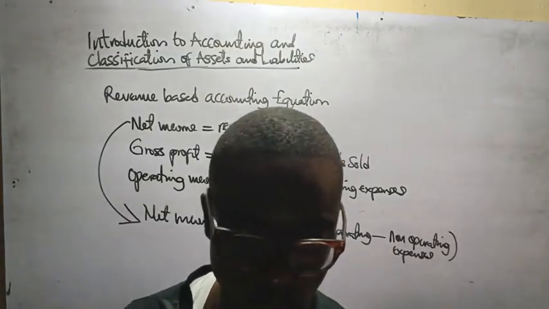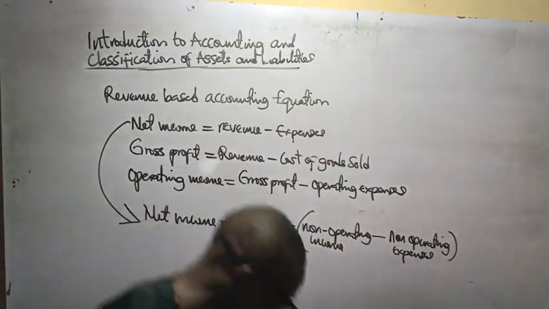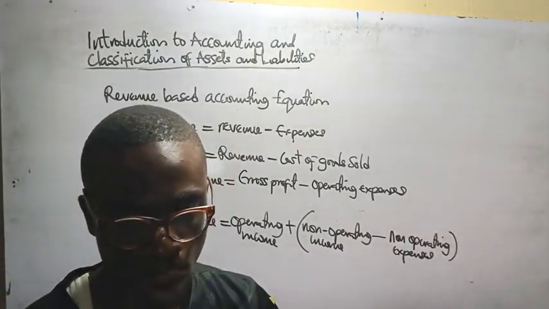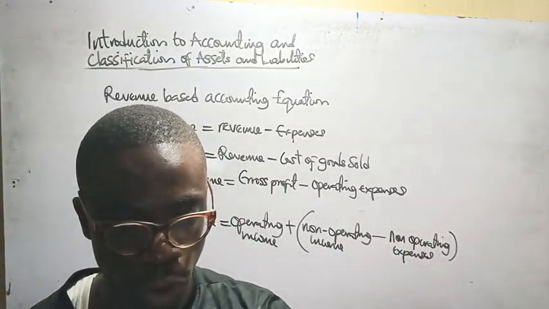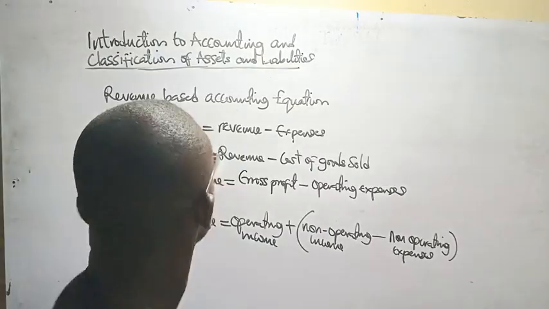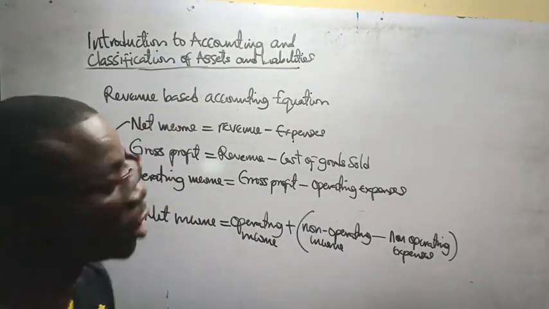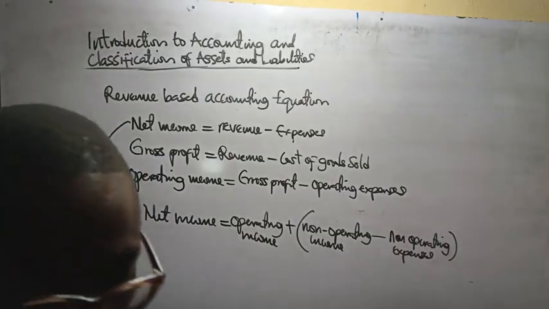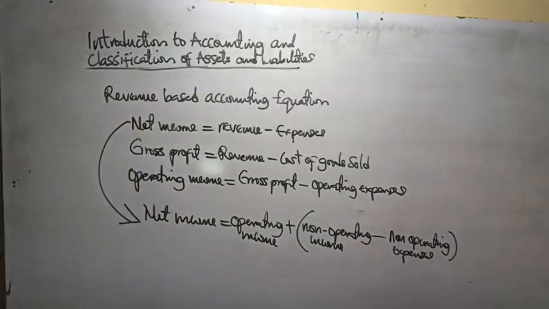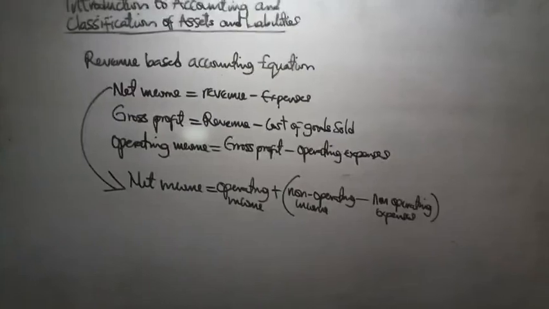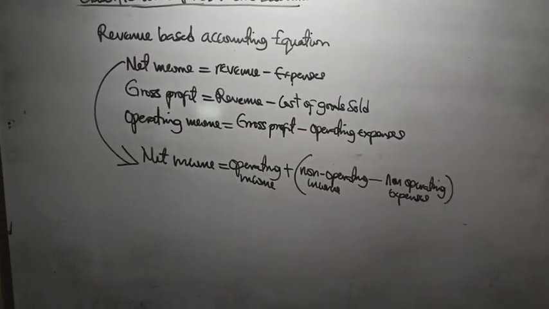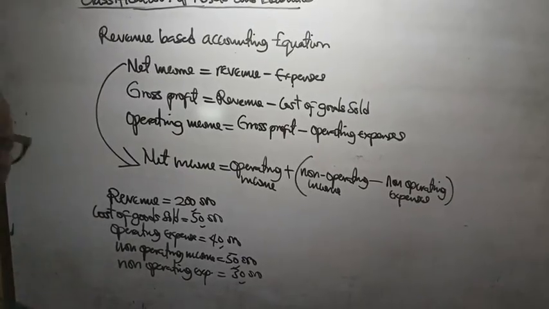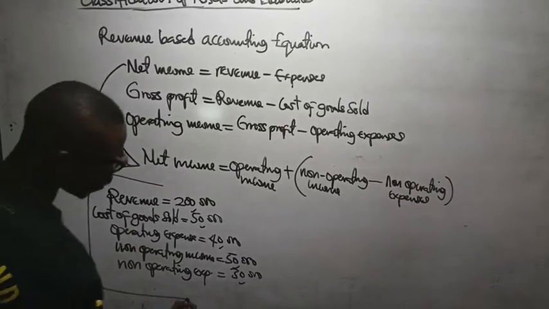So let's look at this illustration now. Let's look at this calculation. We are given information like this as follows. So let me just leave this on the board. Let's look at this question.